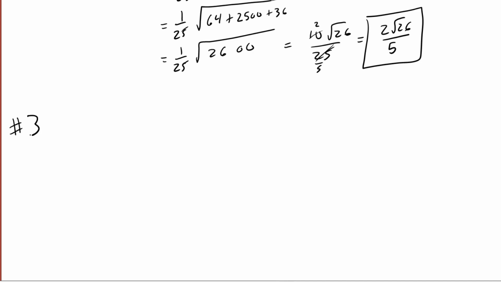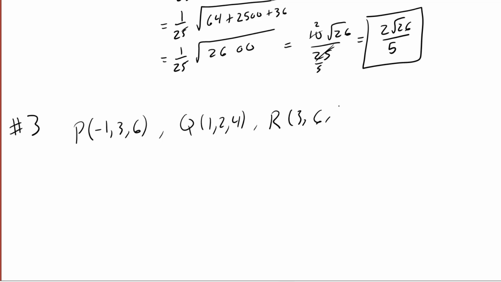Number 3. Find an equation for the plane that contains the points P, which is minus 1, 3, 6, Q, which is 1, 2, 4, and R, which is 3, 6, 6.